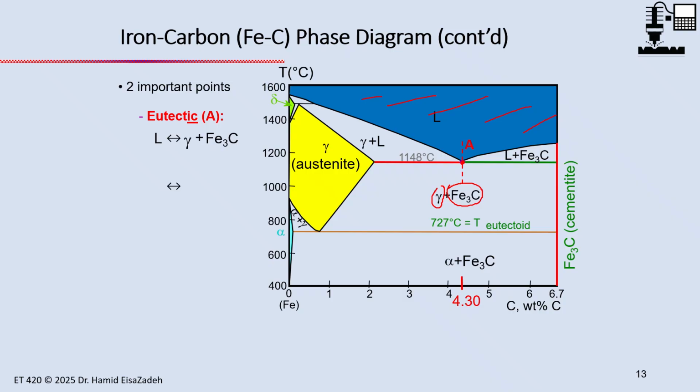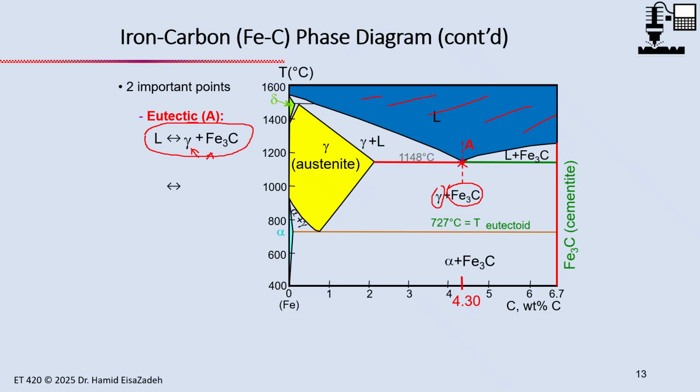This reaction can be written this way: liquid transforms to gamma plus Fe3C. Both components are solid material. So one liquid transforms into two solid materials, and this reaction is called the eutectic reaction. This is not a very important point of interest in the Fe-C phase diagram.